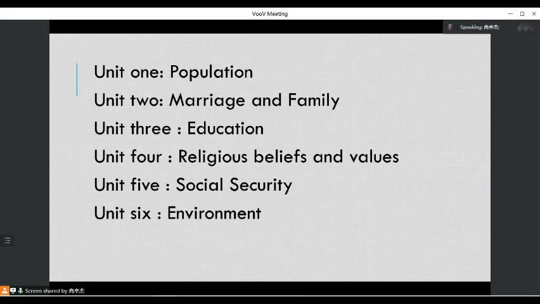There are 6 units in my course. Unit 1, population.